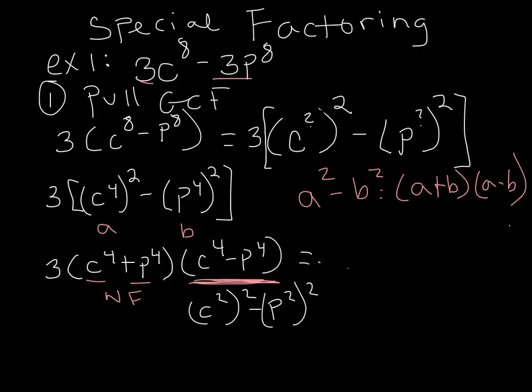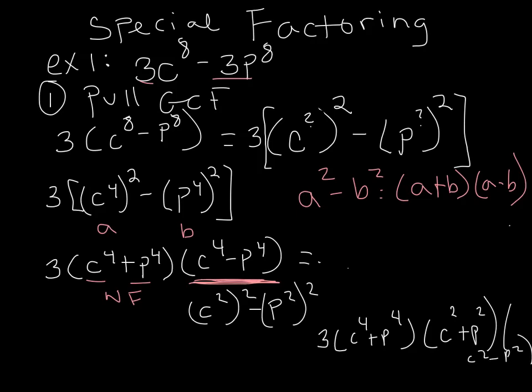So let me write it down here. You'd have your 3, c to the fourth plus p to the fourth, and c squared plus p squared, and c squared minus p squared will be your last step.